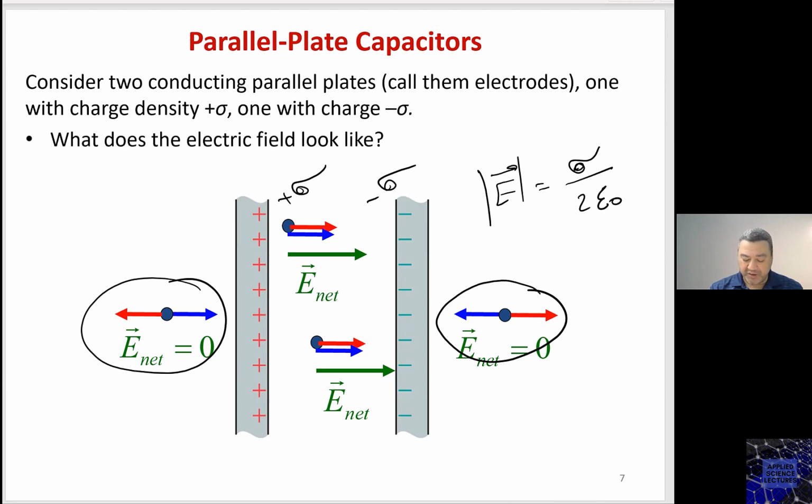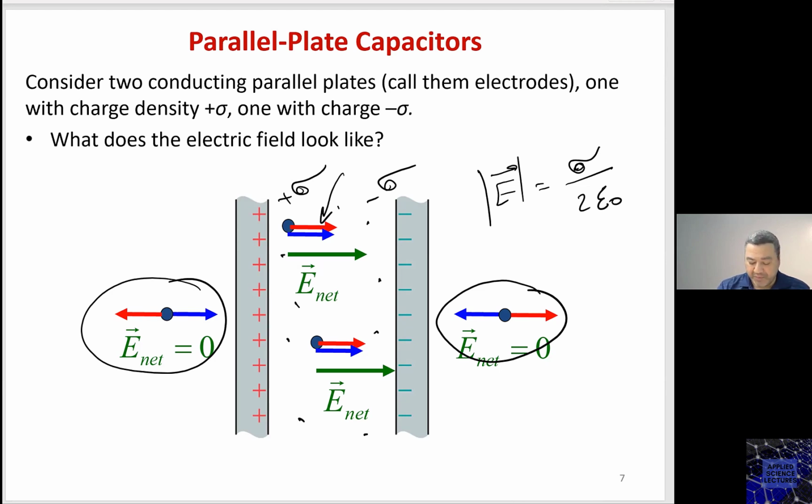Inside, in between, they will add up, and that's why you can see that the net electric field is also uniform everywhere between those two plates of the capacitor. So in this case, the red one here is sigma over 2 epsilon naught, and the blue one is also sigma over 2 epsilon naught.